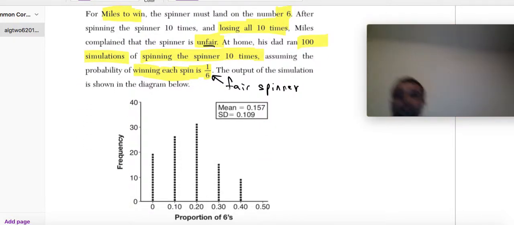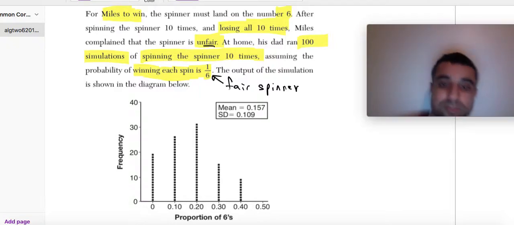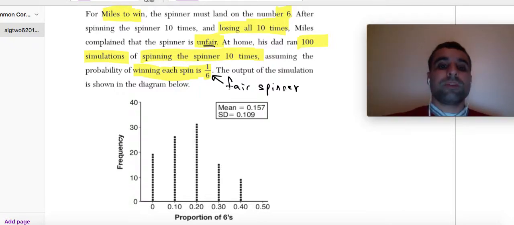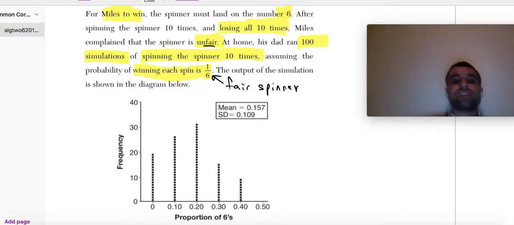Make sure, guys, you understand what the simulation means. Each little dot represents 10 spins. I'll highlight right here. Any one of these dots represents 10 spins in which 40% of the spins landed on 6.